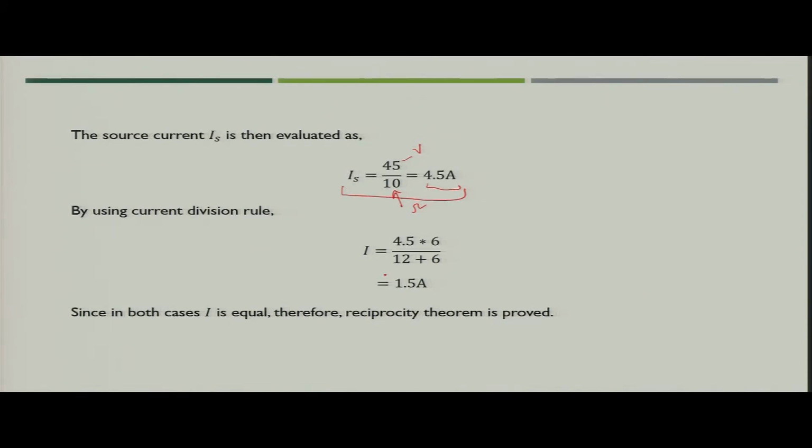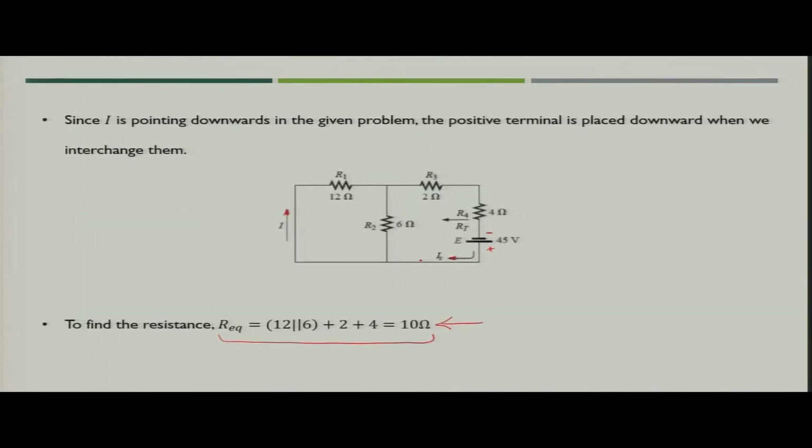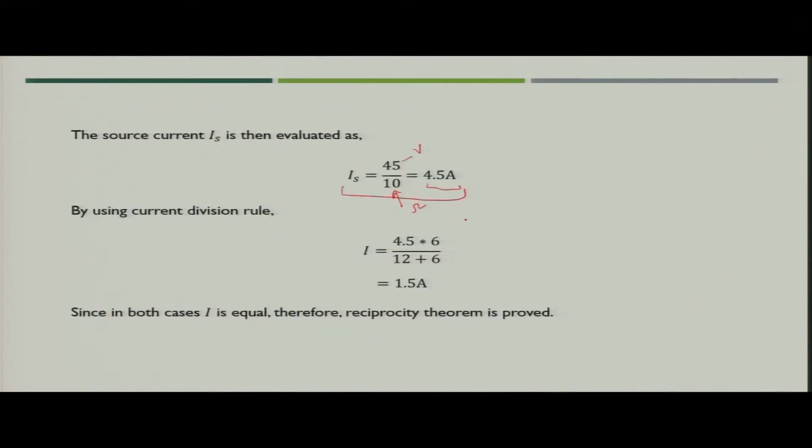Now, by current division rule, you can again find out what would be the value of current I. So, we will follow again the current division rule, and we will say that the value of current I is again 1.5 ampere.